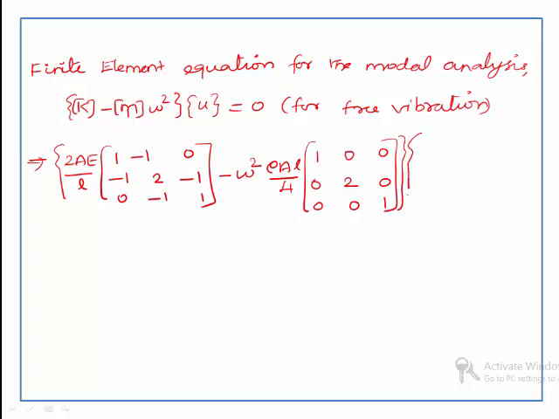There are 3 nodal points, so the displacement vector is U1, U2, U3 equal to 0.